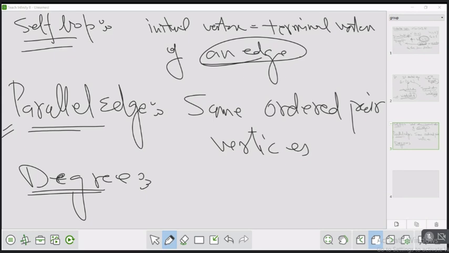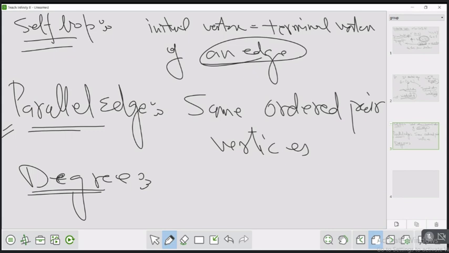Are you here all? What is the degree? The number of edges incident on a vertex. Yes, just the number of edges incident onto a vertex. That will be the degree.